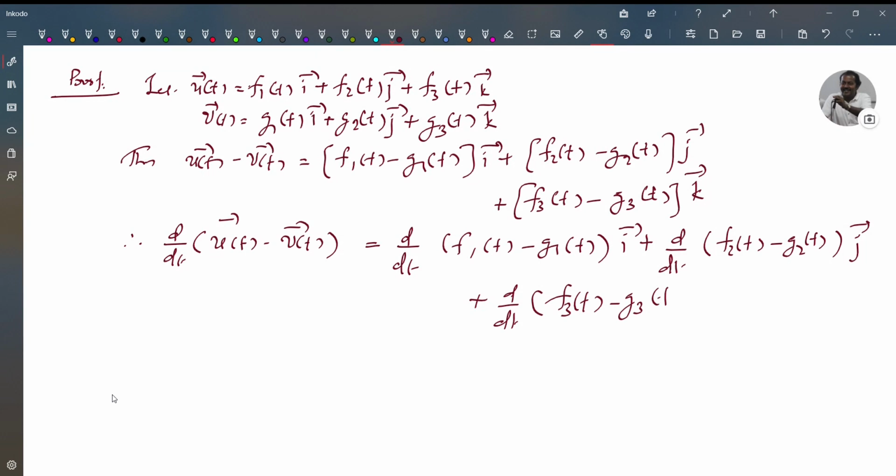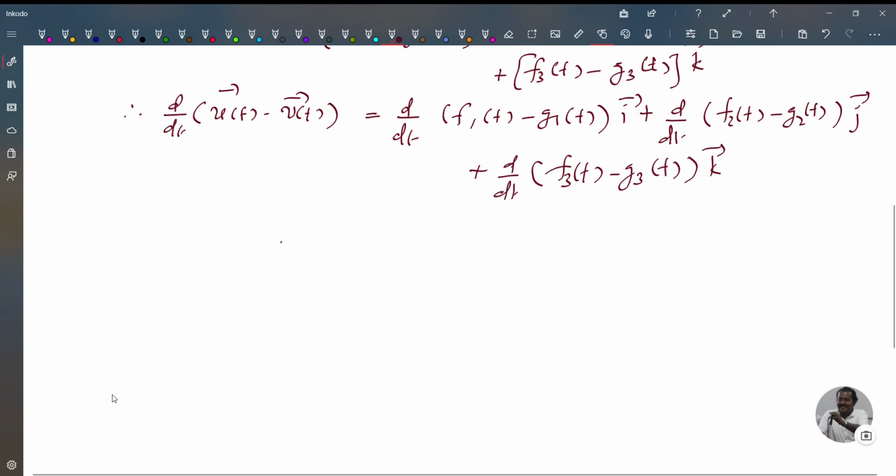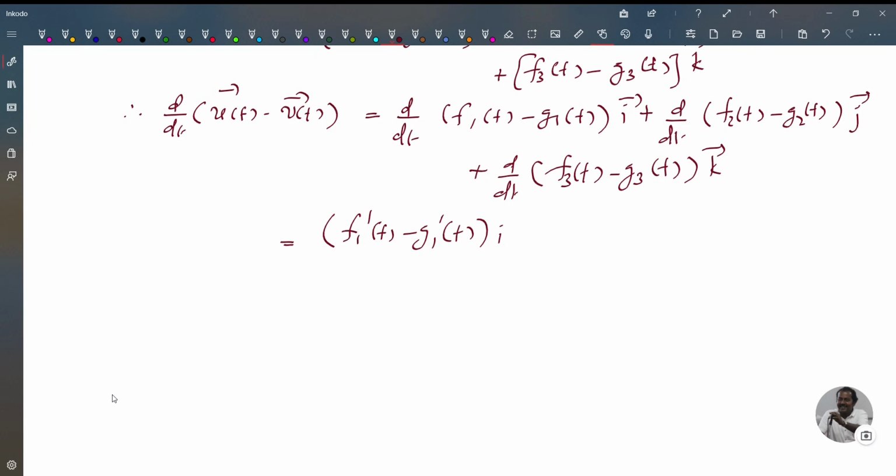So that is equal to f1 prime of t minus g1 prime of t i plus f2 prime of t minus g2 prime of t j plus f3 prime of t minus g3 prime of t k.